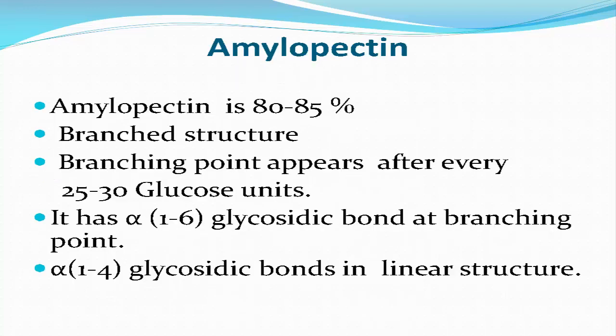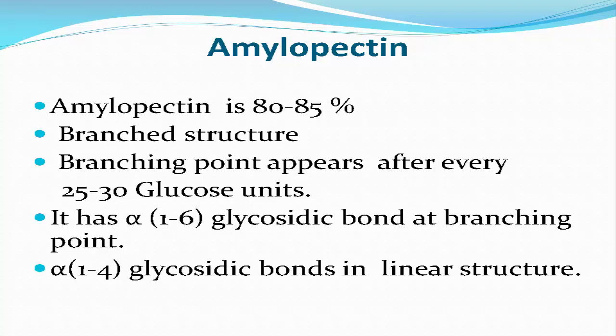The next is amylopectin. The another form is amylopectin. This is more, 80 to 85% in this form. Here what happens, there are some branch points. So the straight chains are same as amylose, alpha 1,4 bond, but there are some branch points with alpha 1,6 bonds.